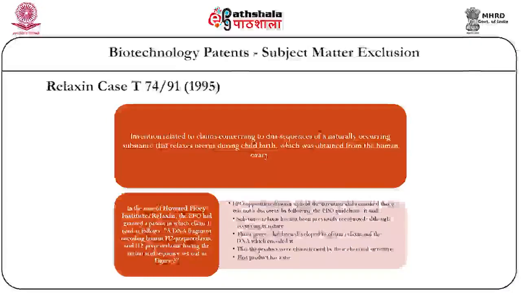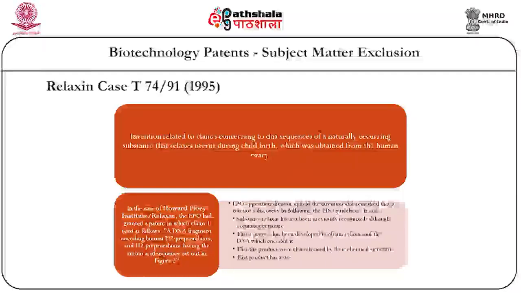The EPO opposition division upheld the invention and remarked that it was not a discovery, following the EPO guidelines, and it said, substance relaxin has not been previously recognized, although occurring in nature. That a process has been developed to obtain relaxin and DNA which encoded it. That the product were characterized by their chemical structure, and that product has a use.